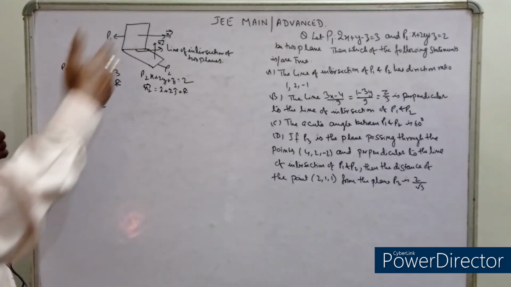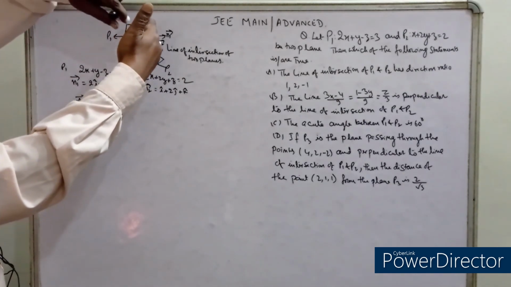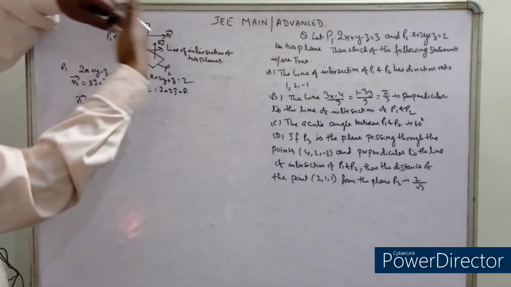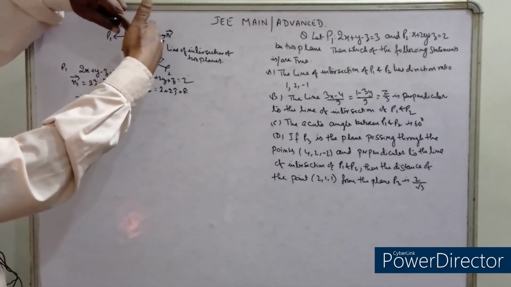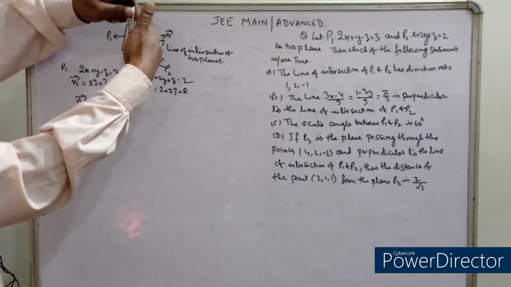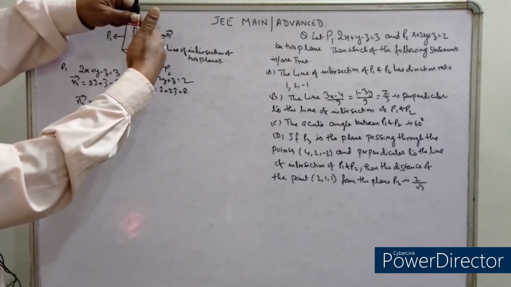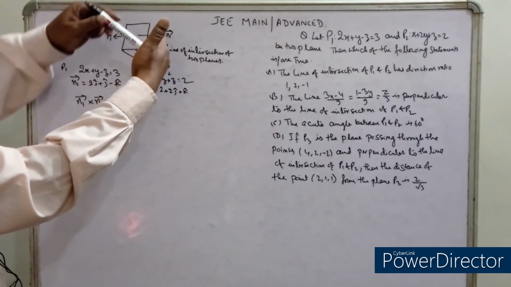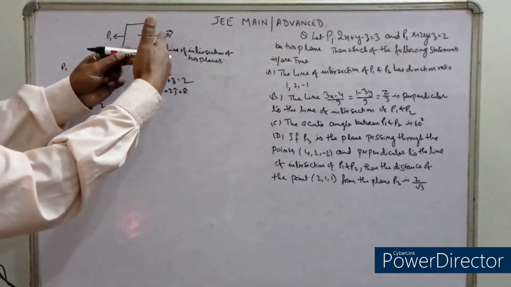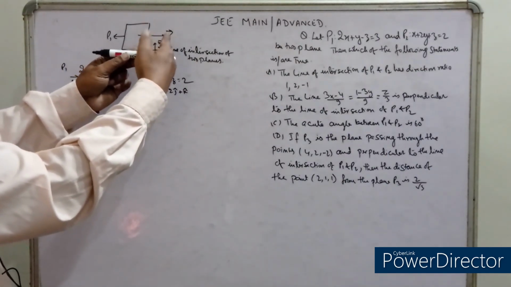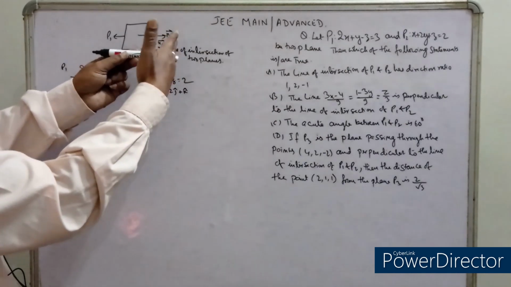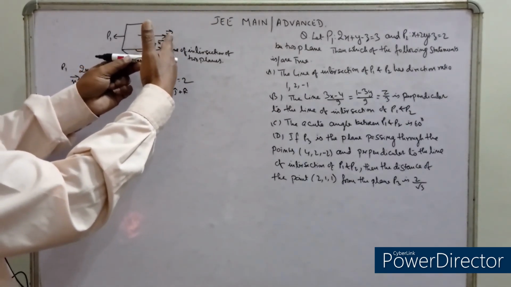So this my hand is the plane which contains the n1 vector and n2 vector. If I cross these two vectors, I get a vector perpendicular to this plane, and this vector is parallel to the line of intersection.